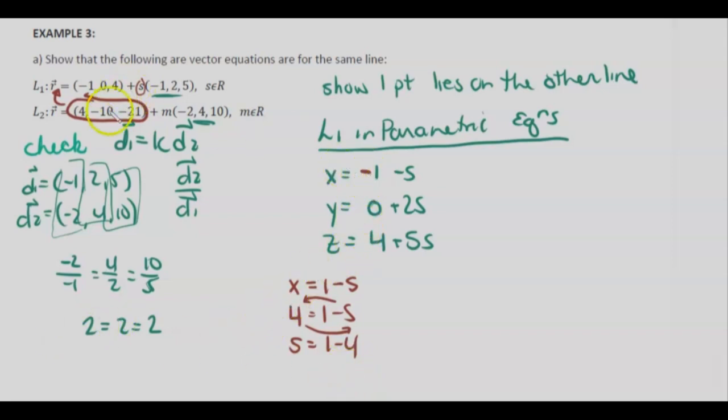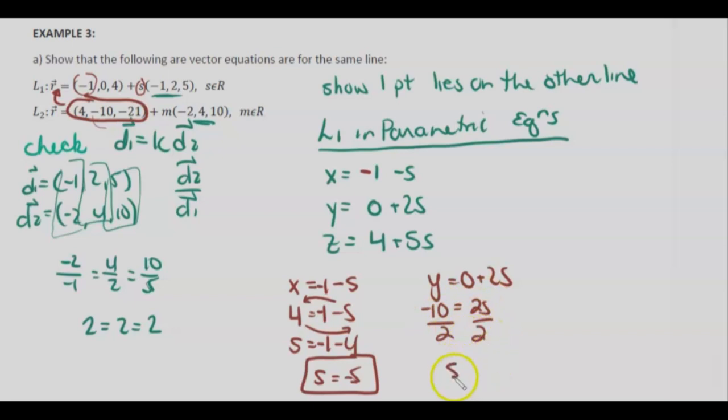Sorry, this is negative 1. So negative 1 minus 4, s equals negative 5. That's better. Okay, we're going to do the same thing for y. So we have y equals 0 plus 2s. This time we're going to sub in negative 10. So negative 10 equals 2s. So we have s equals negative 5.